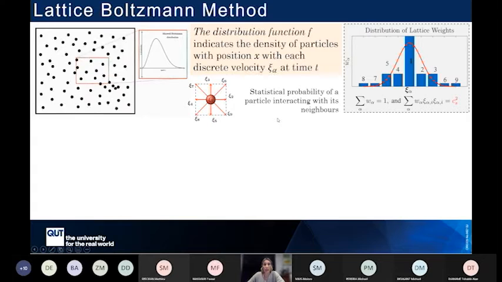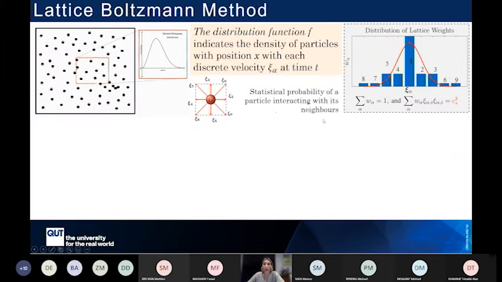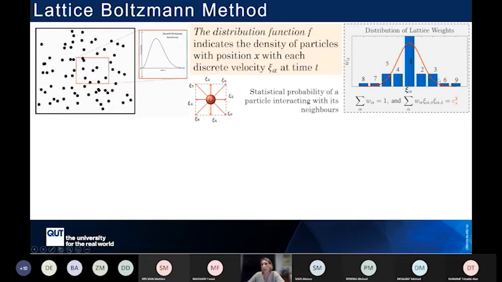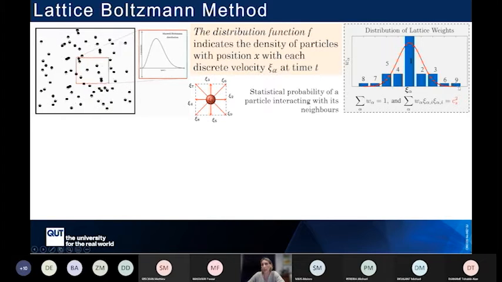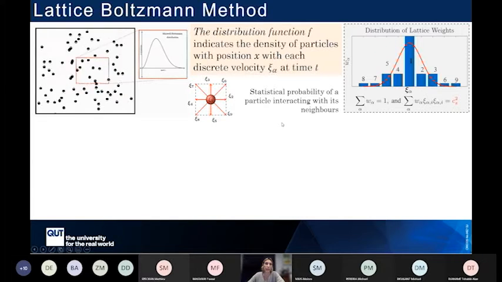We then add a statistical probability of the particles that would indicate their interaction with their neighbors' particles. And so we've got this kind of distribution of lattice weights for this statistical probability.